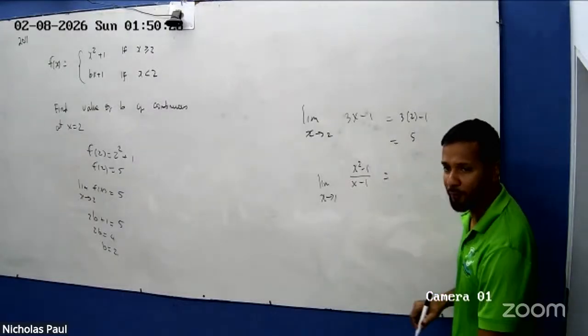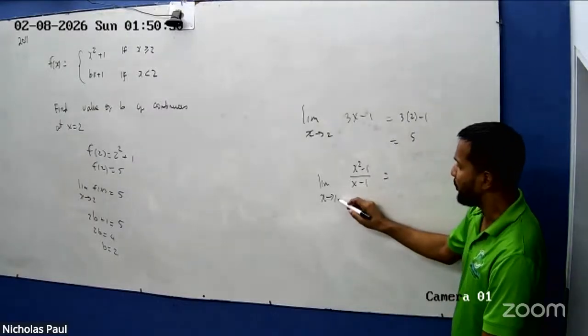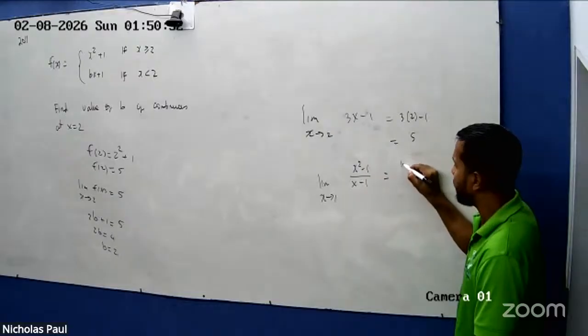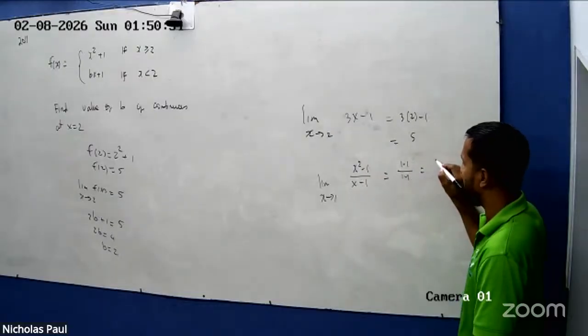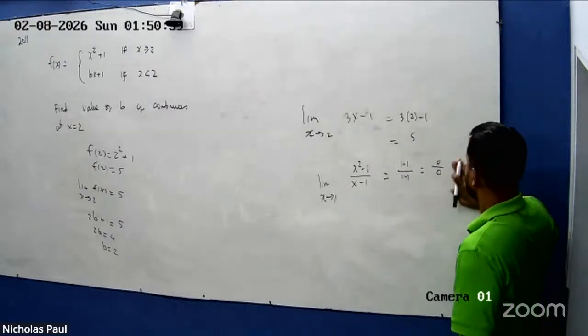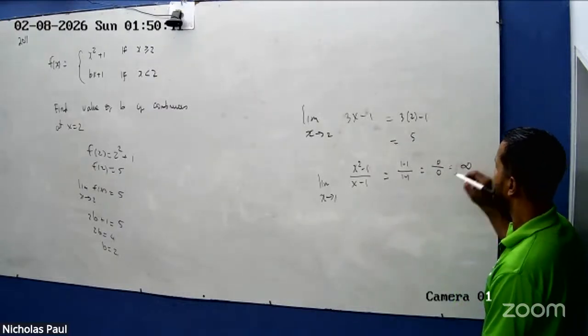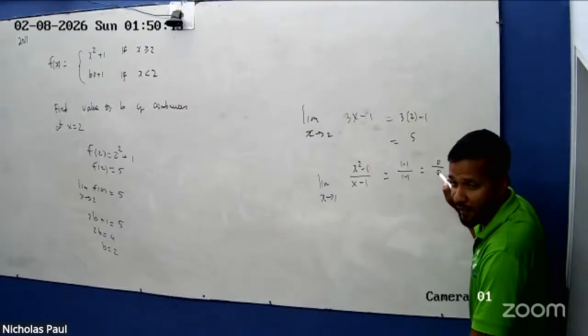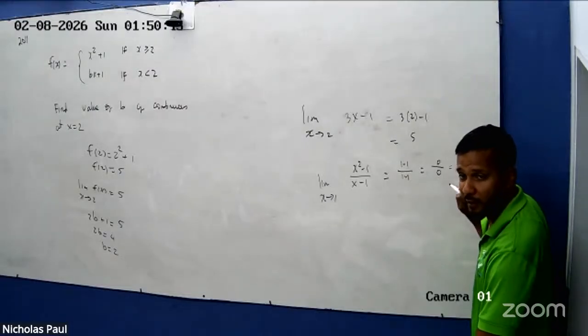What would happen? If you put in 1 here, you'll get 1 minus 1 over 1 minus 1, which is anything over 0. Anything divided by zero is undefined, right?